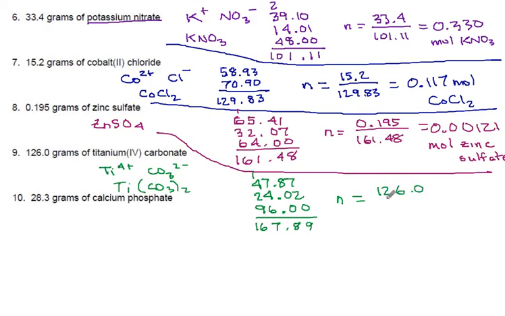Mass is 126.0 divided by molar mass 167.89, and again we go to the calculator. 1.6, oh rats, decimal in the wrong place. 167.89.